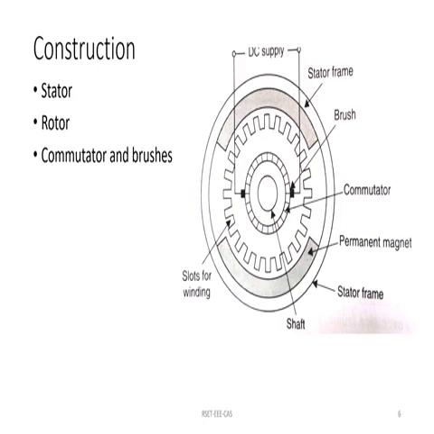Now moving on to the construction of a permanent magnet DC motor. It mainly consists of three parts: stator, rotor, and commutator and brush arrangement.